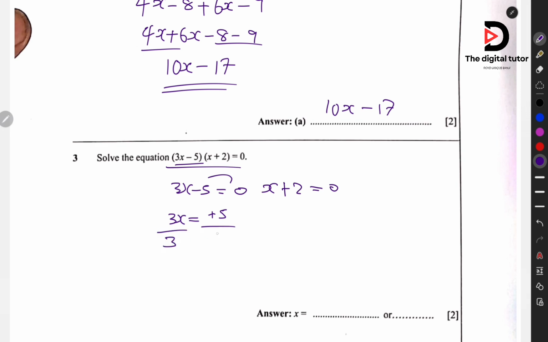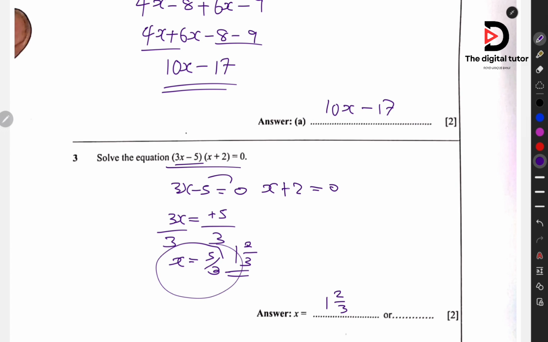To find the value of x, we divide both sides by 3. So x is therefore 5 over 3, which is 1 remainder 2 over 3. Some of you still leave the answer like this, and I think it's okay. So 1, 2 over 3.